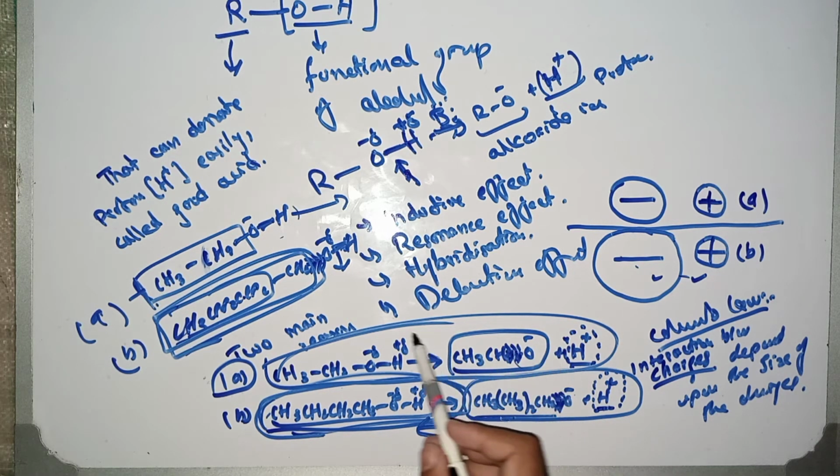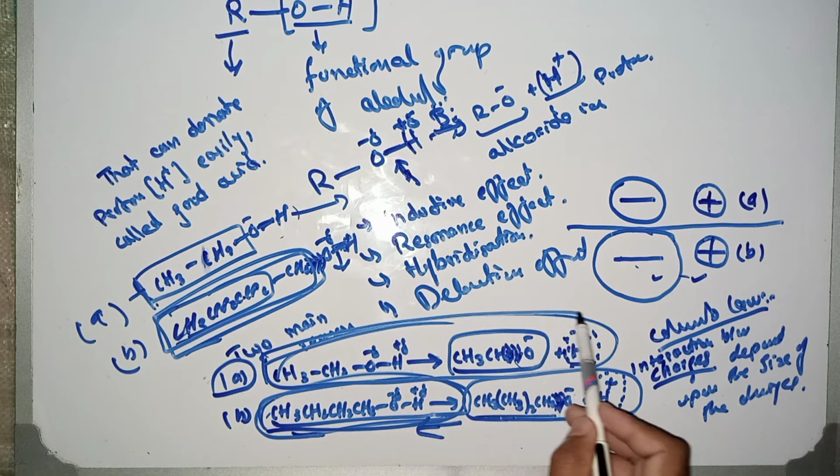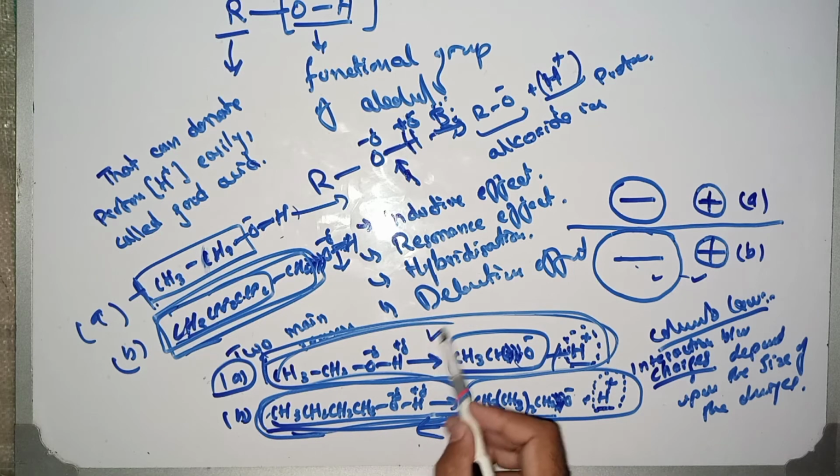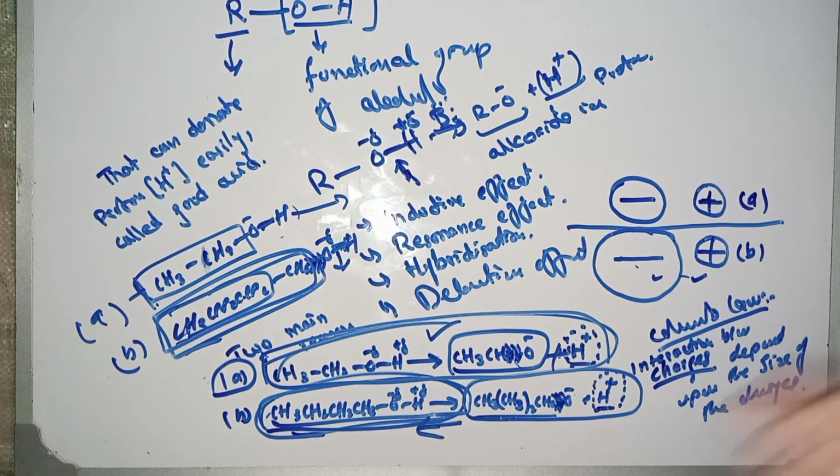So in the result, the number of protons, the hydrogen concentration, will increase, and we know that the concentration of hydrogen directly depends upon the acidity. So the ethoxide ion will be more acidic than butoxide ion. This means the inductive effect also affects the acidity.